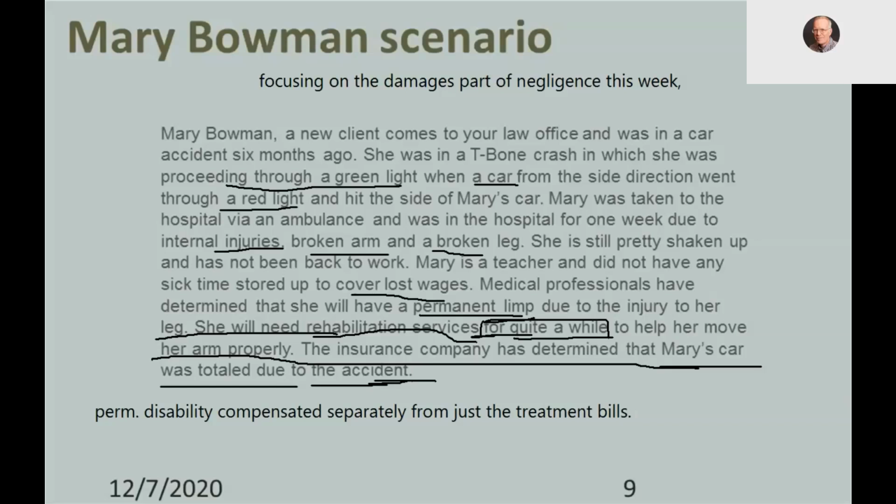Okay? The other side may have a medical expert that later on comes up and says, well, it's not going to be permanent. They're going to be able to fully fix that limp. And our side says, oh, no, they won't.